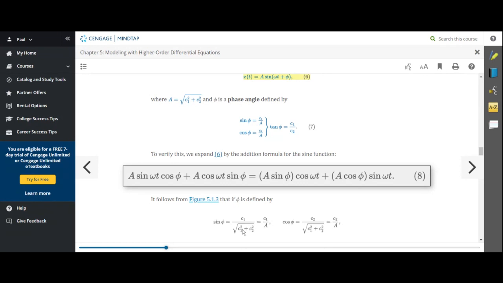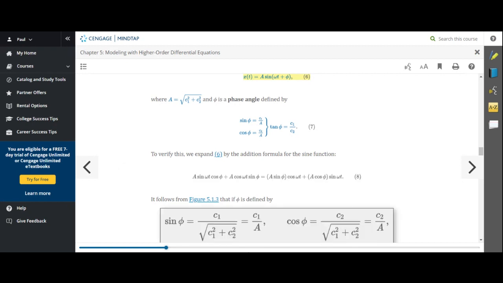But remember, the sine of phi is equal to C1 over A, and the cosine of phi is equal to C2 over A, by the way they created the triangle. Well, that means that A times sine of phi is C1, and A times cosine of phi is C2.